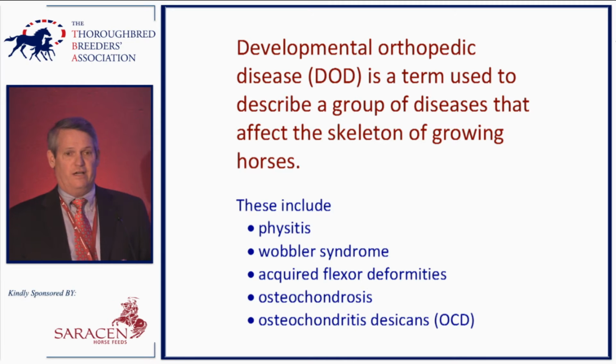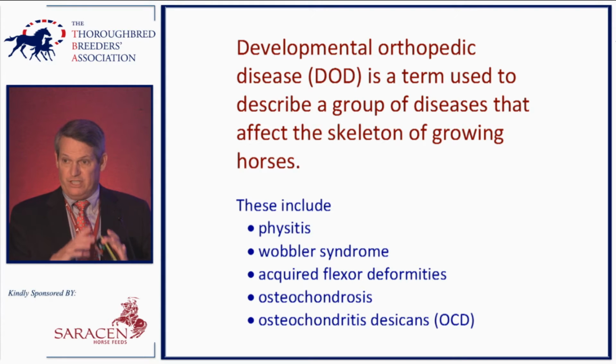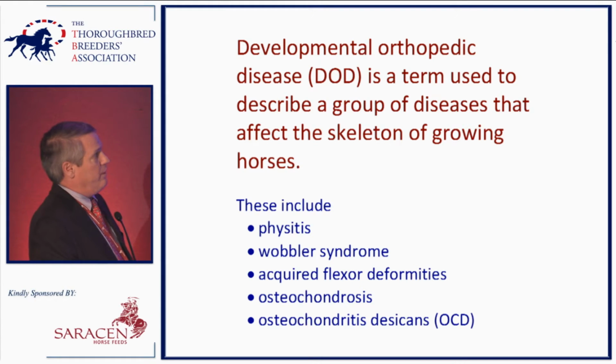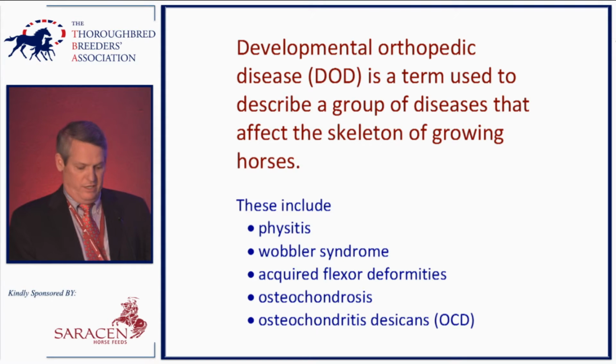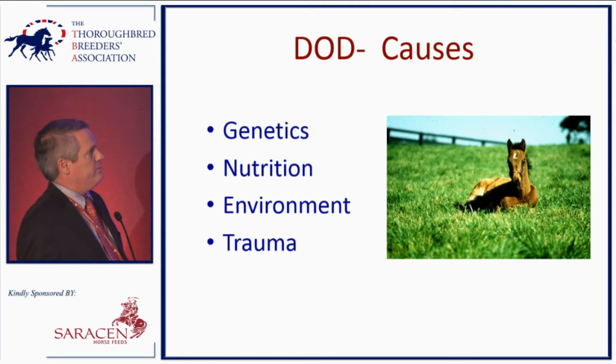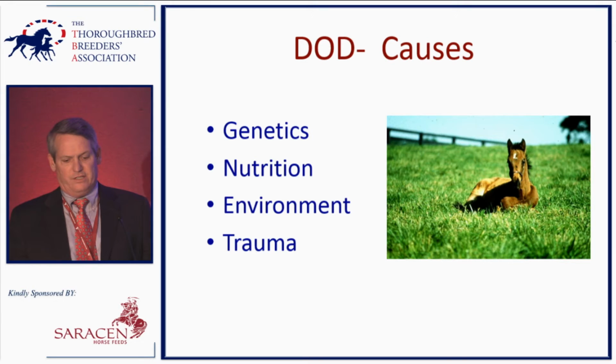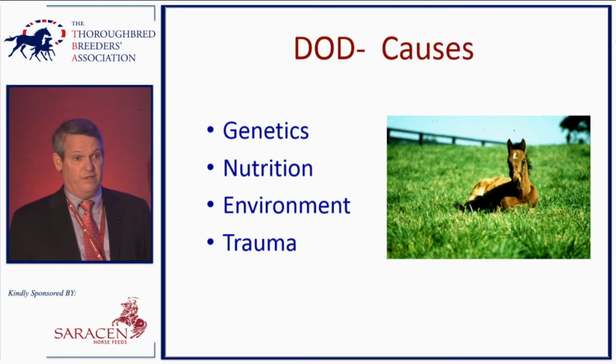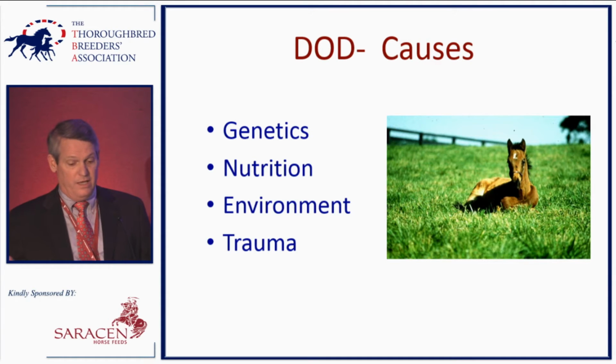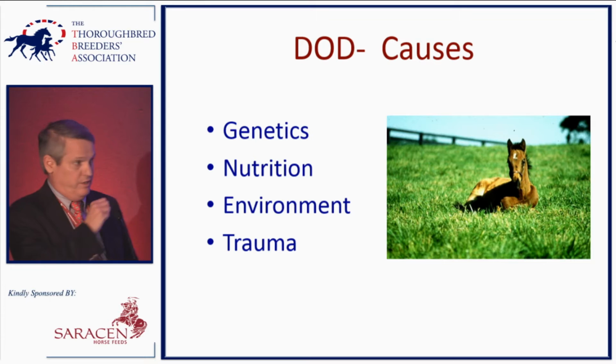OCD can occur if the bone that is underneath the articular cartilage has a problem in that epiphyseal bone, but these are problems that occur at the end of the bone in joints. There's a lot of things that can cause DOD. There's certainly a high genetic predisposition to certain types of DOD. Certain breeds have a higher incidence of DOD.